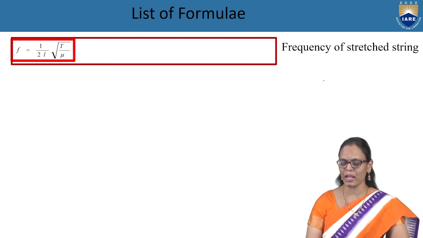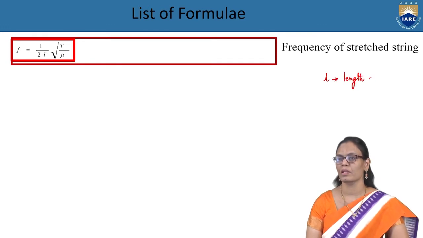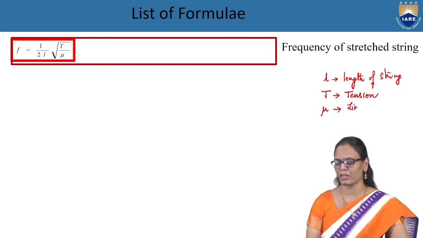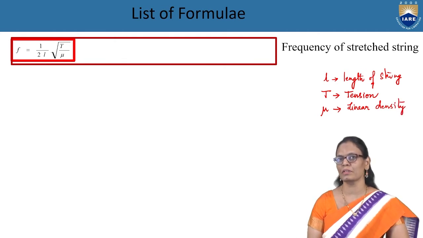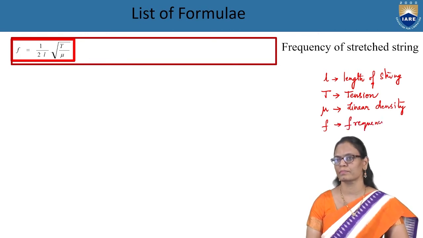Here L denotes the length of the string, T is the tension in the string, and mu is the linear density we call, or mass per unit length. Both mean the same, linear density or mass per unit length. And F here, as we have seen, denotes the frequency.